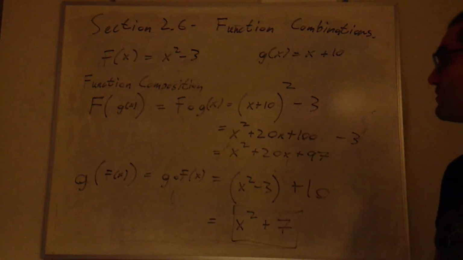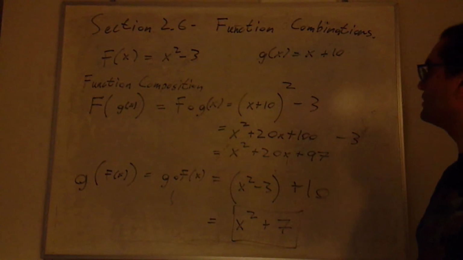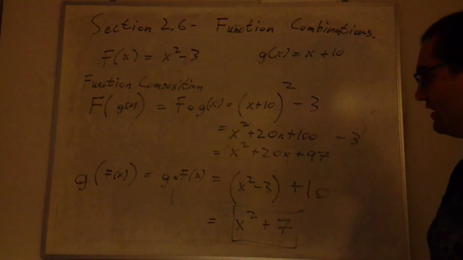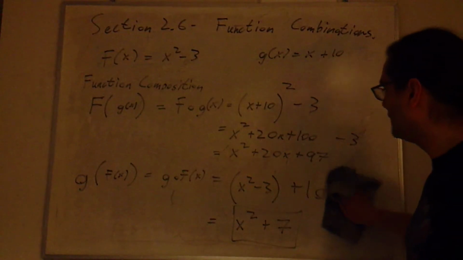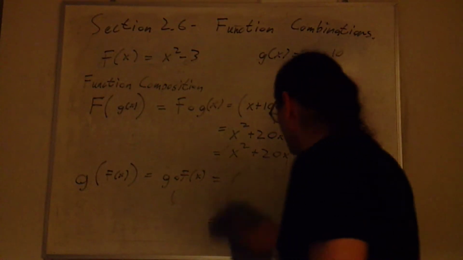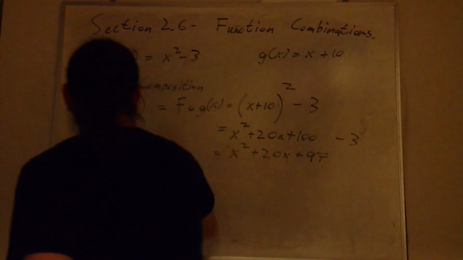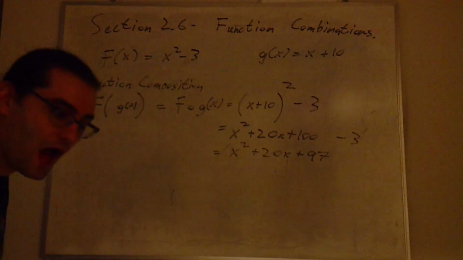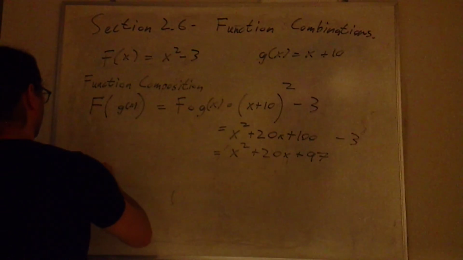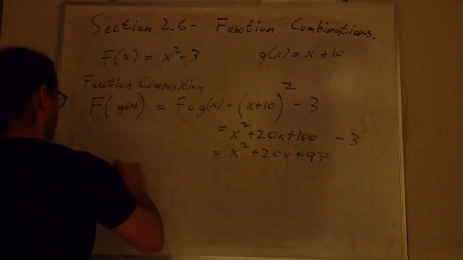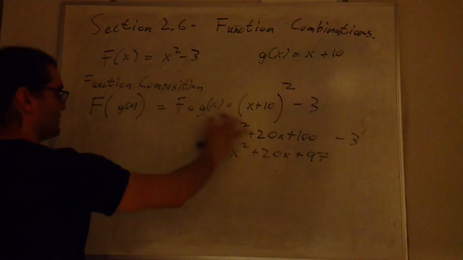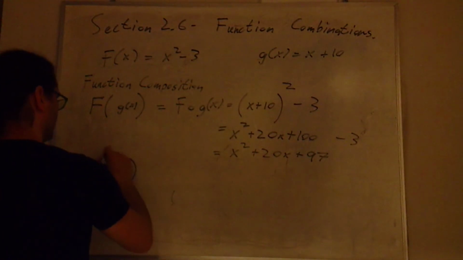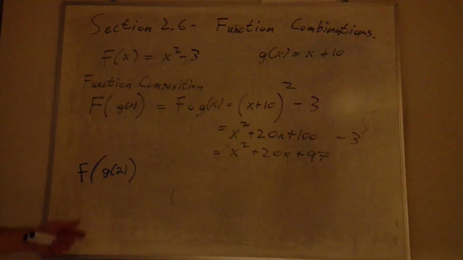Oh, I guess there's one more thing I need to say. Sometimes you have to evaluate these functions. And you can do that in two ways. Let's work with this f of g. I already know what f of g of x is. Let's say I want f of g of 2. So this is different now.